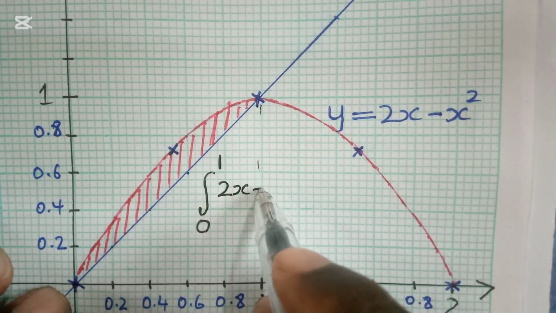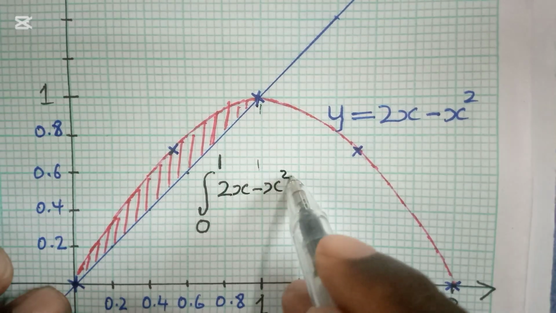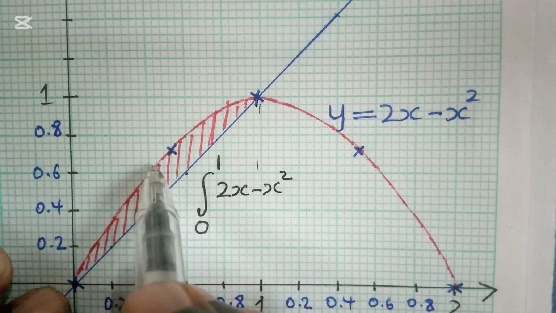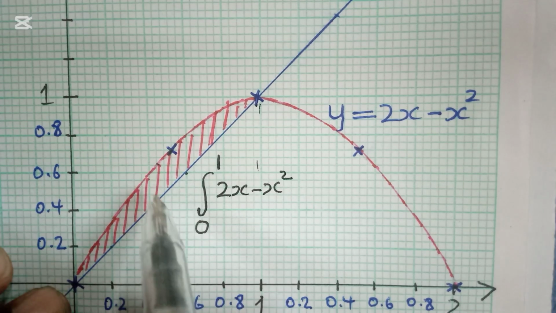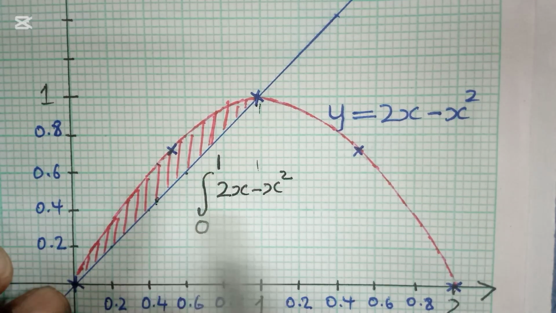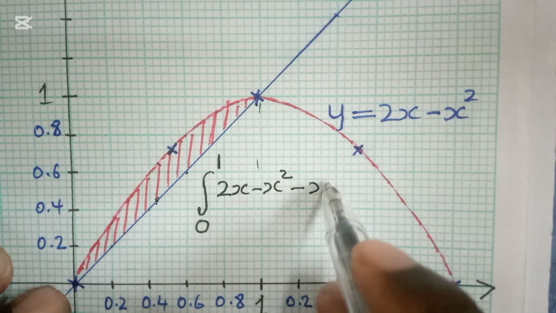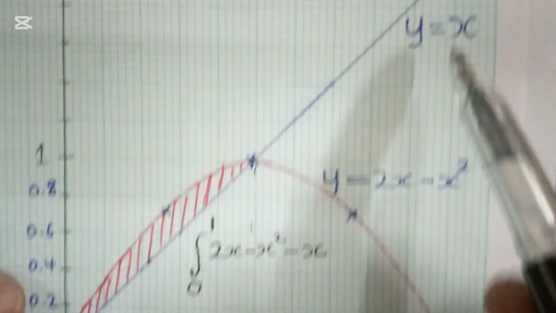that is 2x minus x squared. Now we take away the line, because the distance from here to here is the point on the curve minus the point on the straight line. So we take away x from this.